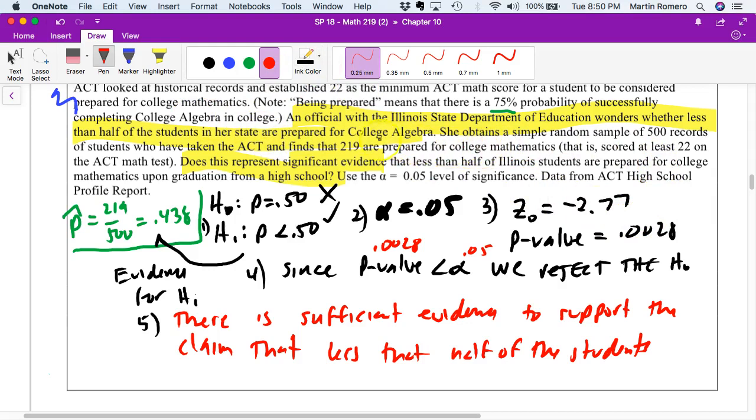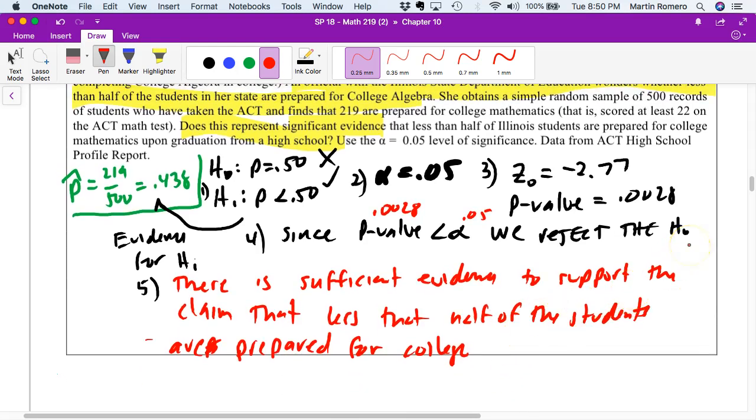What does she say? Half the students are prepared for college math. Less than half the students are prepared for college math. So we have evidence to suggest that that is true based off of the p-value.